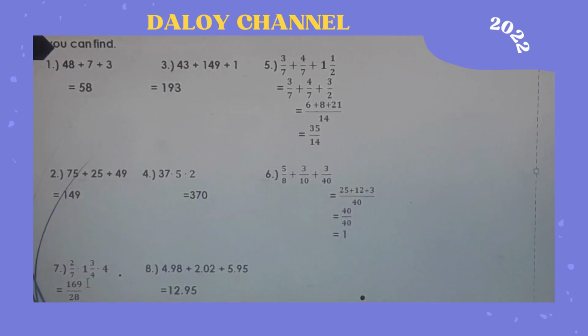Again, we have to multiply 2 times 8 is 16 times 4, 64 again. So is it divisible by 28?